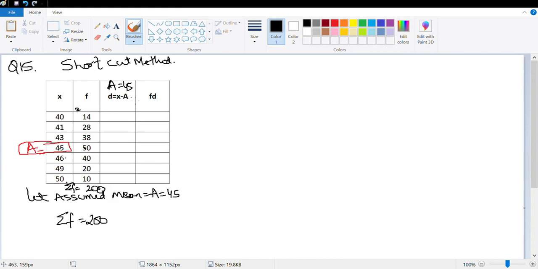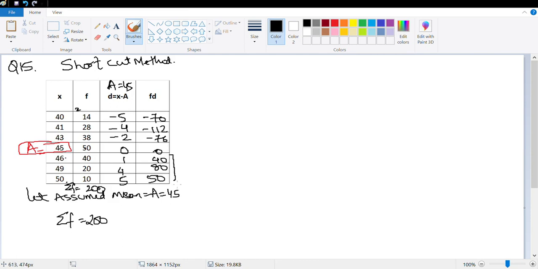Let's do x minus a. 40 minus 45. That's negative 5, negative 4, negative 2, 0, 1, 4, 5. Let's do fd. 14 into 5, 70, negative 70, 80, 32, 112, 76, 0, 40, 80, 50.